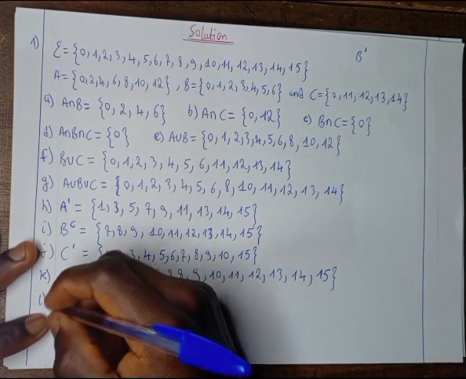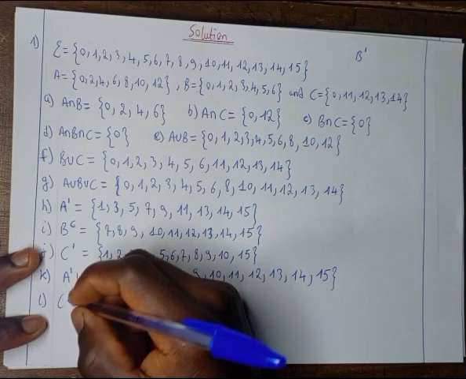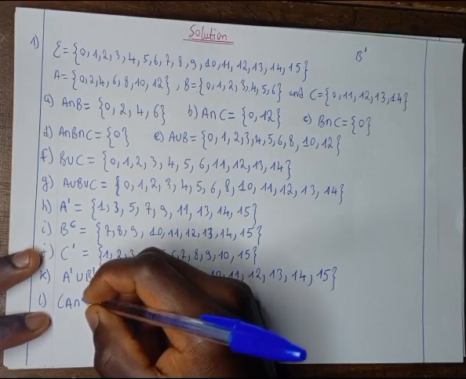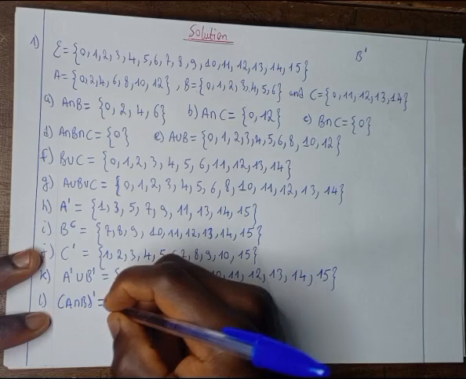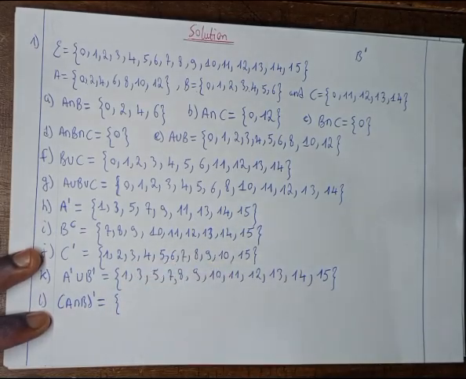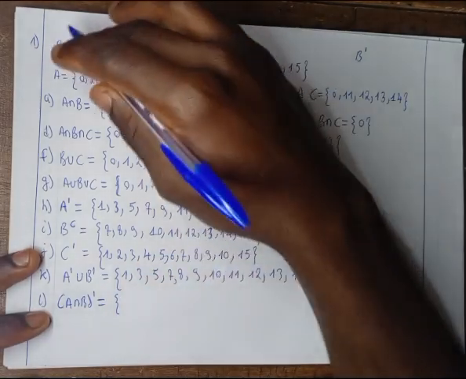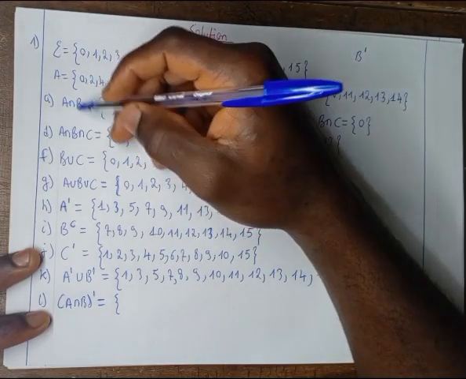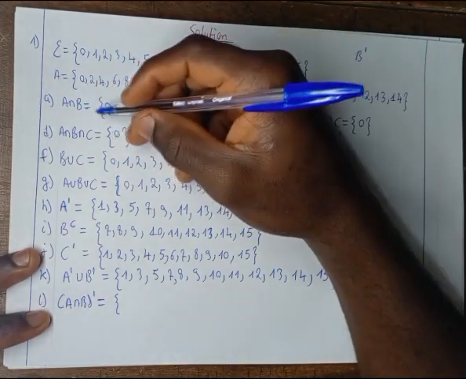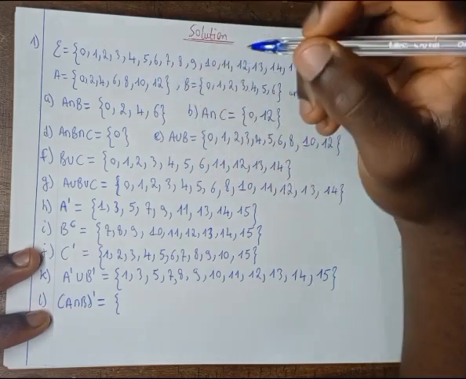Now we go to L. For L, we have to write A intersection B complement. That means we are going to write out all those elements which are elements of the universal set but are not elements of A intersection B. This is A intersection B. We have 0, 2, 4, 6.